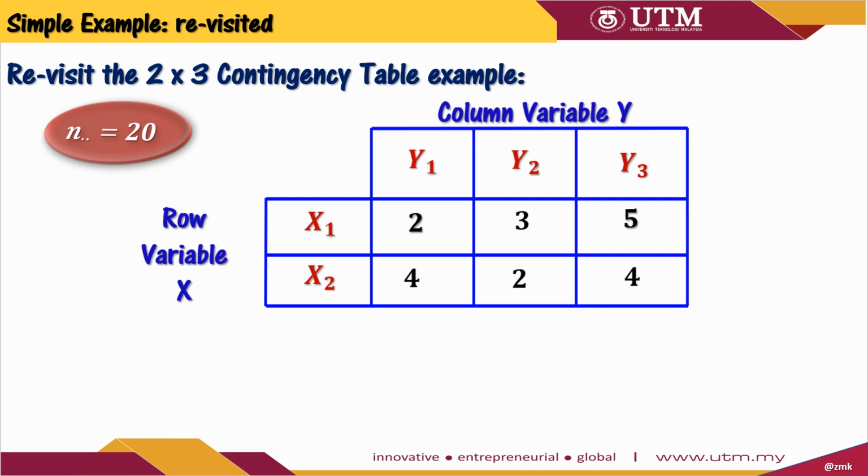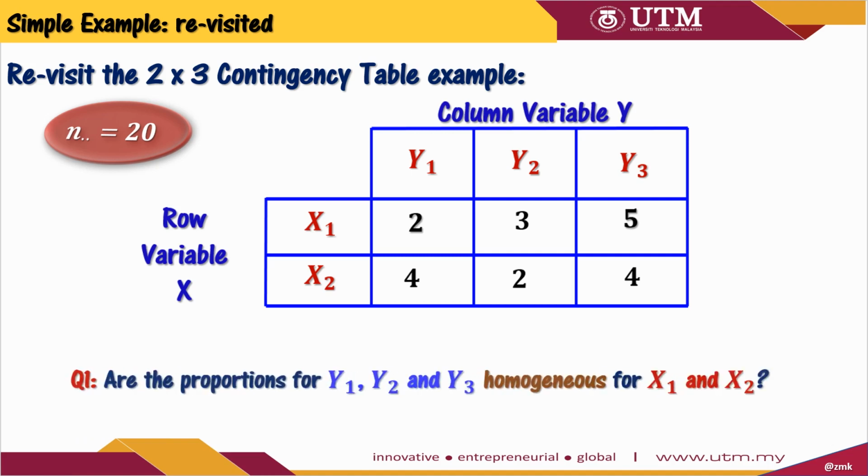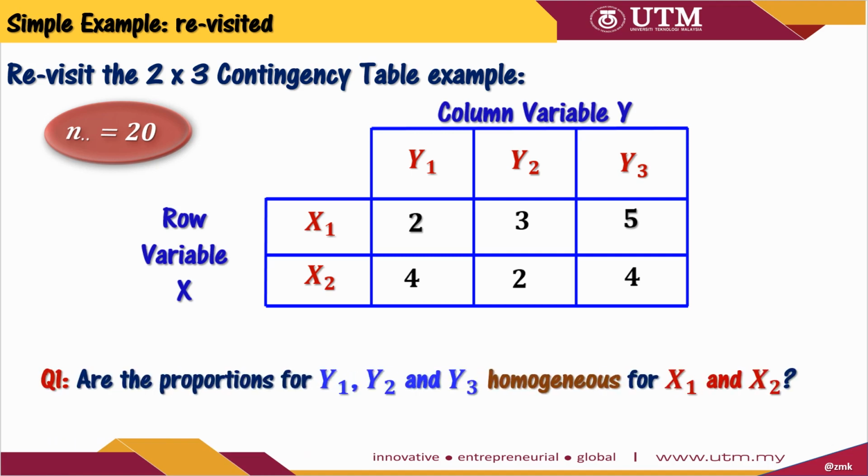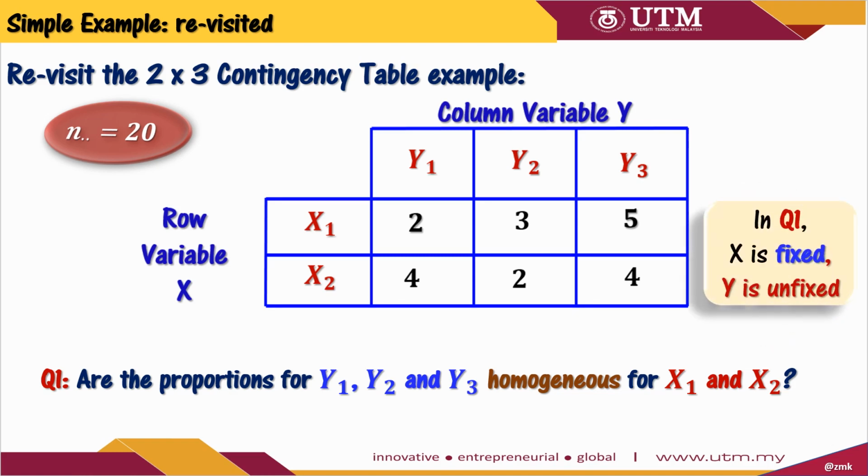And they cannot be in any of the other 3 cells. We can then ask, are the proportions for Y1, Y2, and Y3 the same or homogeneous for X1 and X2? For this question, the variable X is fixed, whereas the variable Y is not fixed, or unfixed.